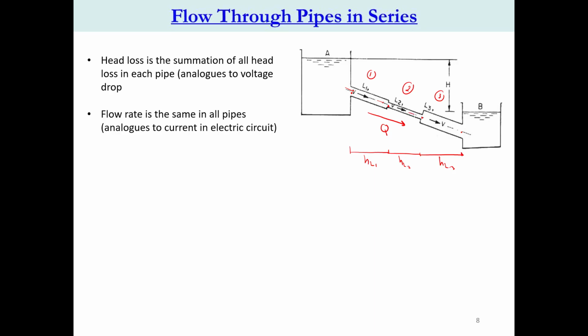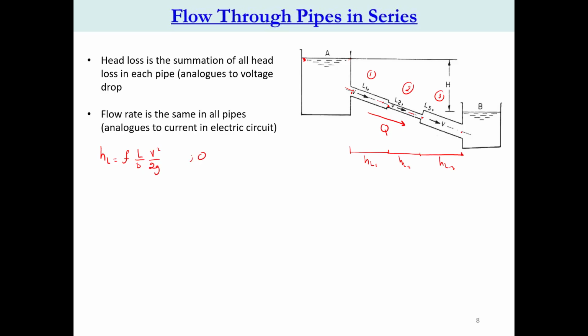We're not going to be discussing friction in tanks, mostly because the velocity moves very, very slow. If we use Darcy's equation, the head loss is FL over D times V squared divided by 2G.